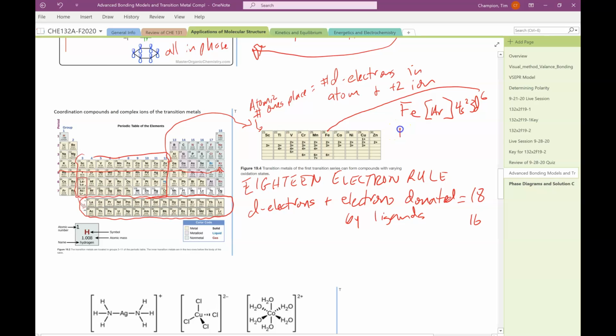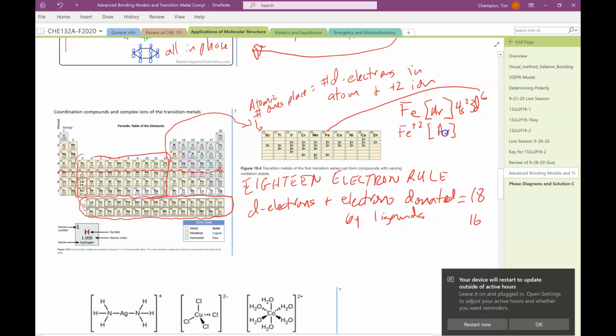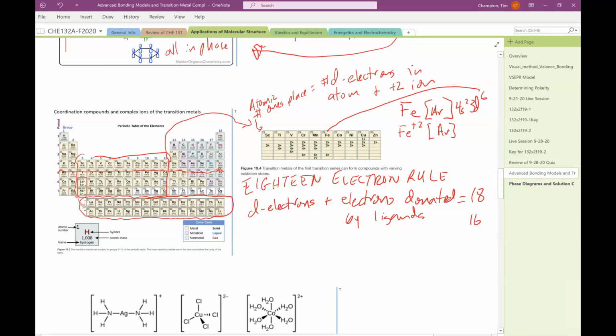If I did iron plus 2, well, what happens when transition metals ionize is that the ns orbitals go up higher in energy, and it will be empty, and we're losing 2 electrons to be the 2+ ion. So essentially, those electrons get taken away first.